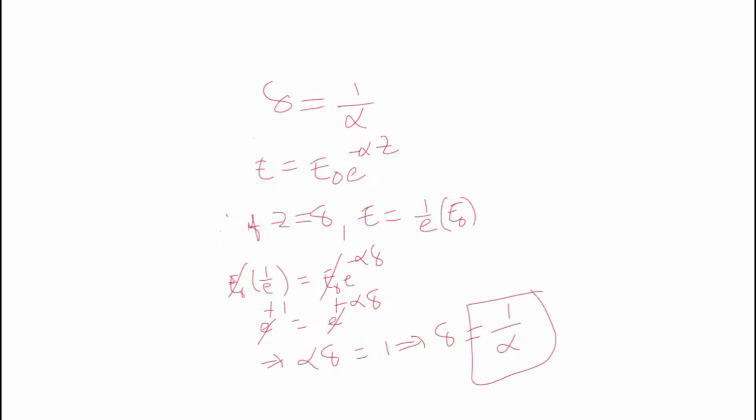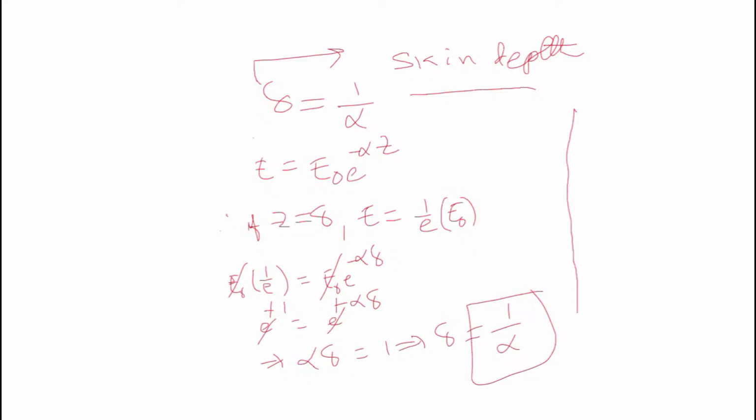This delta is known as skin depth. It is another parameter of the EM wave. It is defined as the distance at which the wave electric field amplitude becomes 1 by e of its maximum value. According to this, delta is equal to 1 by alpha.